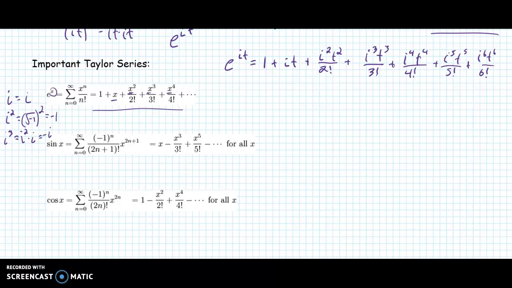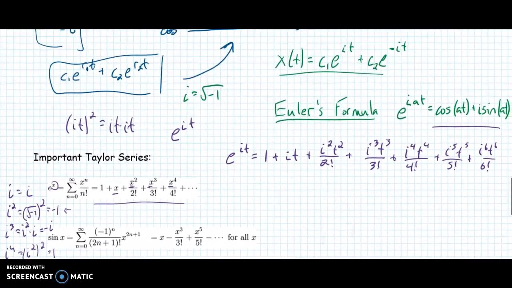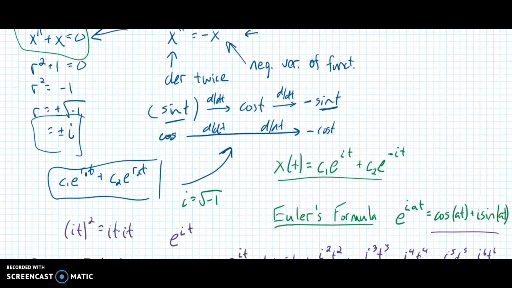And i to the 4th is i squared squared, which is negative 1 squared, so I get 1. And i to the 5th brings me back to i. And i to the 6th brings me back to i squared, which is negative 1. So this follows a pattern that goes in 4s, right? I know something else that follows a pattern that goes in 4s.